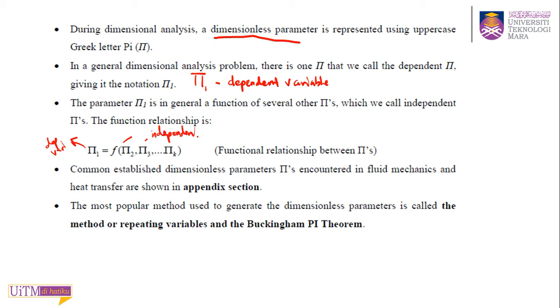This dependent variable depends on these independent pi. So this is the relationship. Common established dimensionless parameters, pi's, encountered in fluid mechanics and heat transfer are shown in the appendix section.